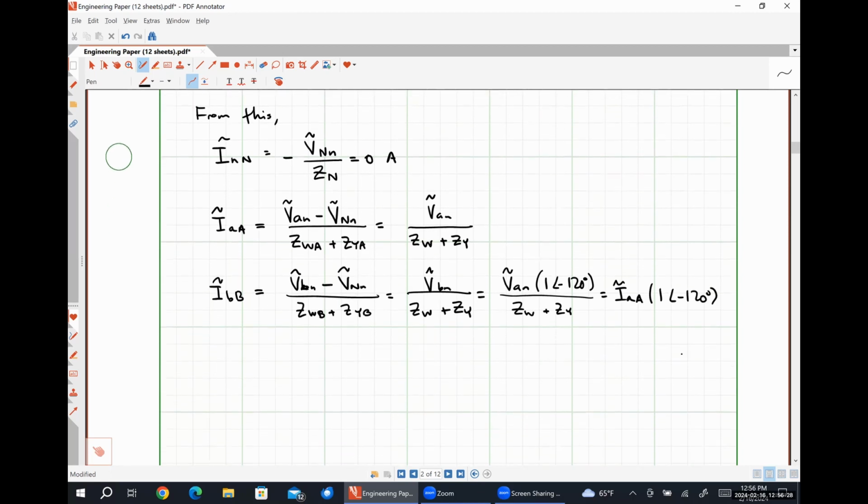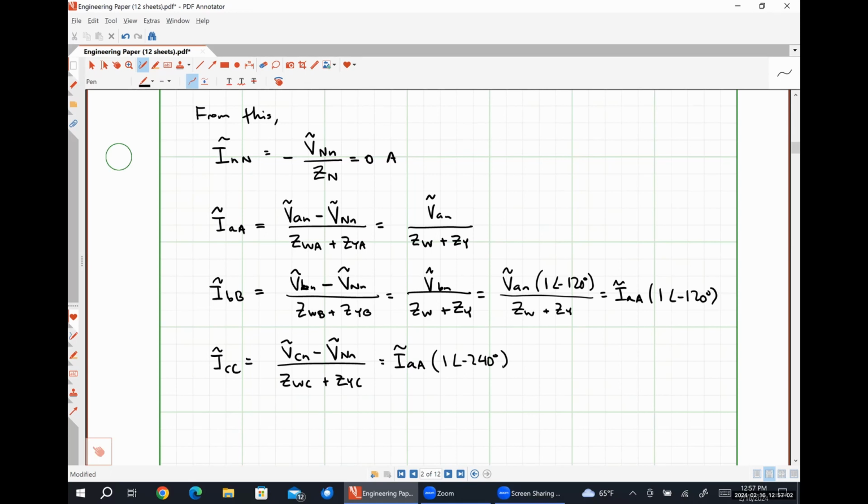And we can do the exact same treatment for ICC. So VCN minus VNN over ZWC plus ZYC. I'm going to skip these intermediate steps. Is going to look like IAA times 1 angle negative 240 degrees.